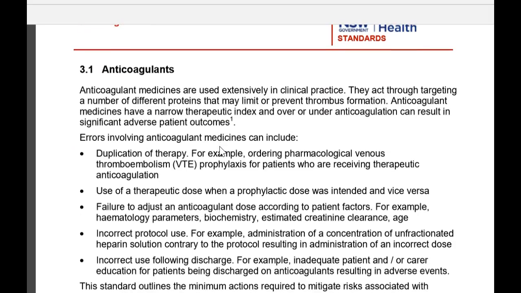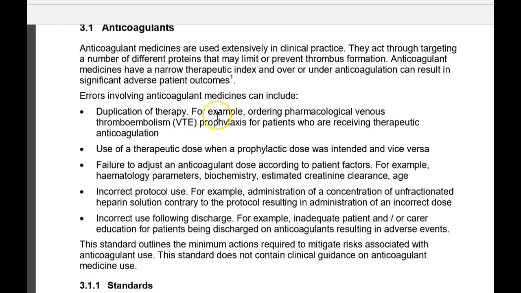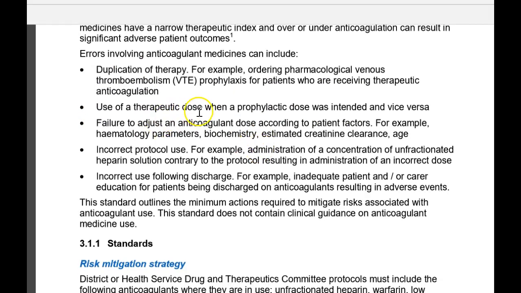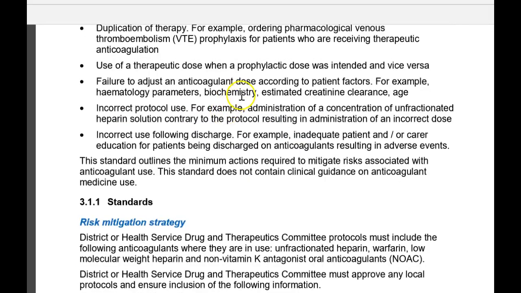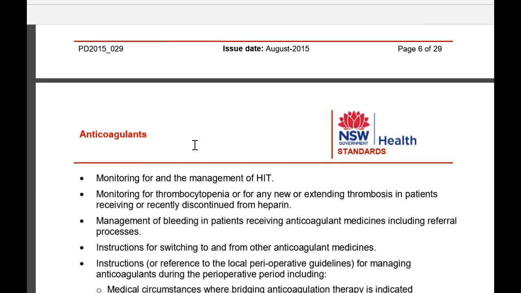Lots of clinical incidents have surrounded their administration, and if you go through each of them, for example, anticoagulants, used extensively, they're very dangerous. And the errors that have occurred include duplication, use of a therapeutic dose when a prophylactic dose was intended, failure to adjust the dose, incorrect protocol use, incorrect use following discharge, and so on.